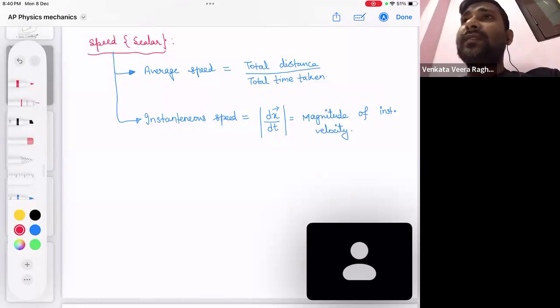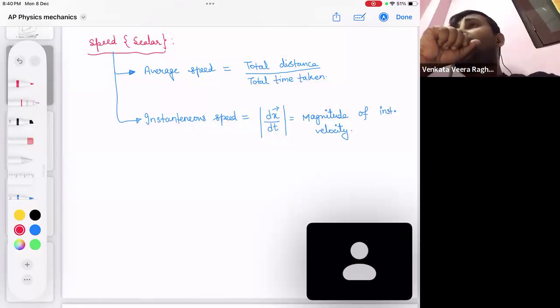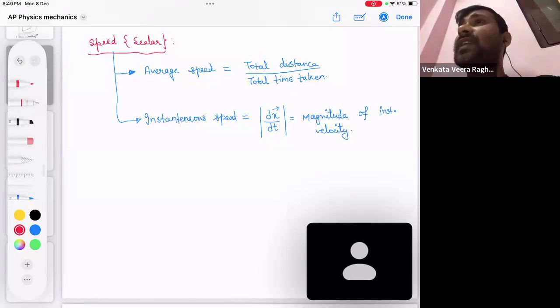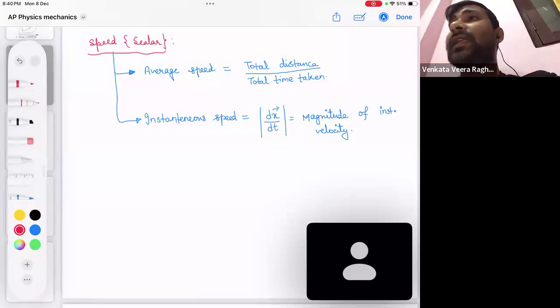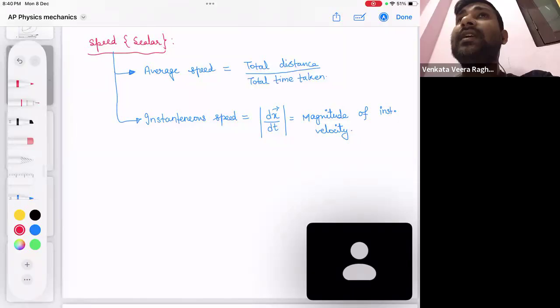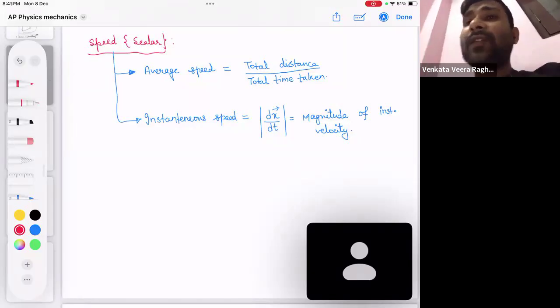Next, two physical quantities which measure the change in position with time, but in a different way. One in a scalar way, another in a vector way. We have speed and velocity. But again, velocity we can define for a large interval as average, small interval as instantaneous. Clear? Same way, speed also average and instantaneous.